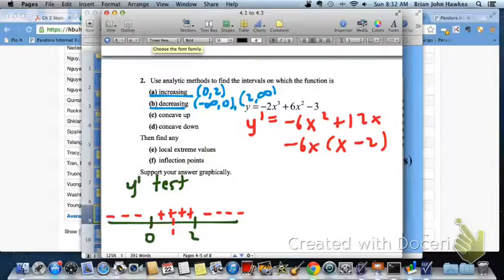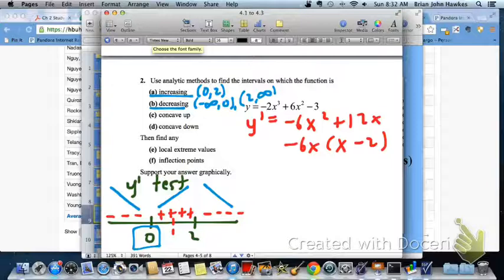Okay, so the shape of the graph of y, if y prime is negative, we know that y is decreasing. And then if y prime is positive, we know y is increasing. And here, y prime negative, decreasing again. So when x is equal to 0, guess what? We've got a min.